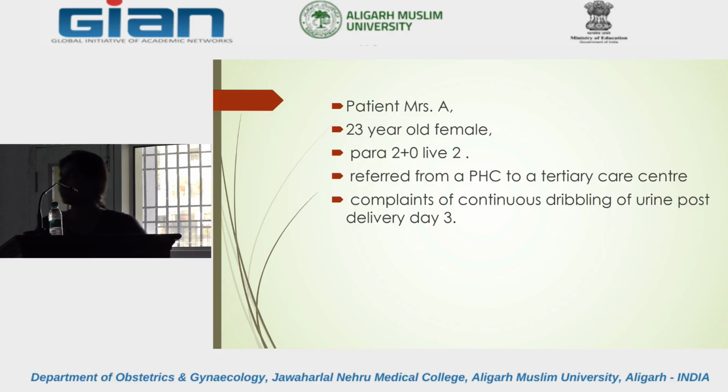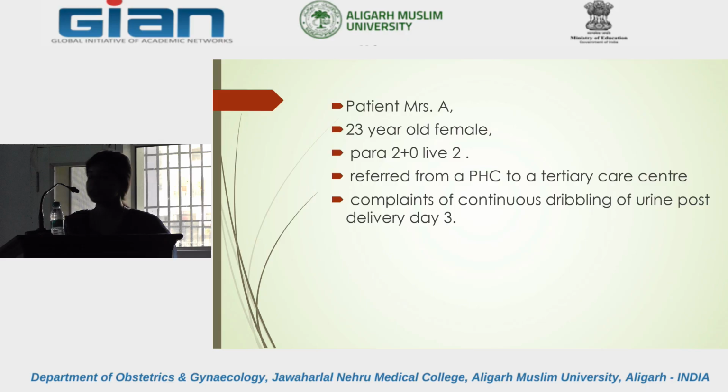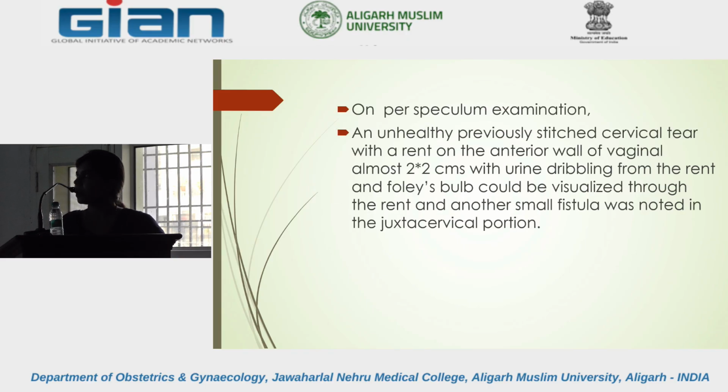So patient Mrs. A, a 23-year-old female, para 2+0, live 2, with VBAC delivery, presented to us on day 3 with continuous dribbling of urine. She was referred to us from a primary healthcare center where she delivered.